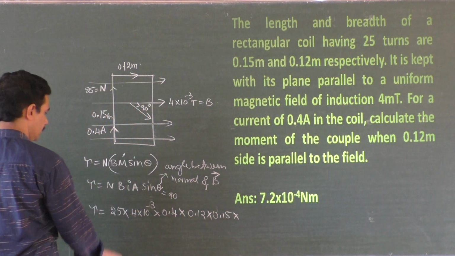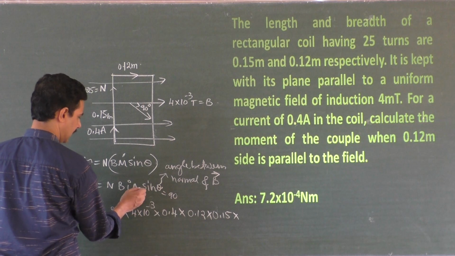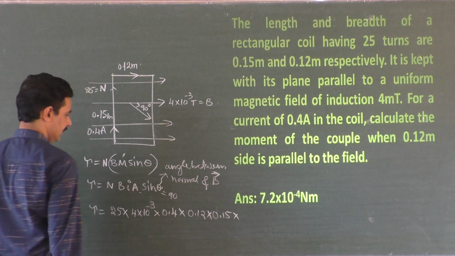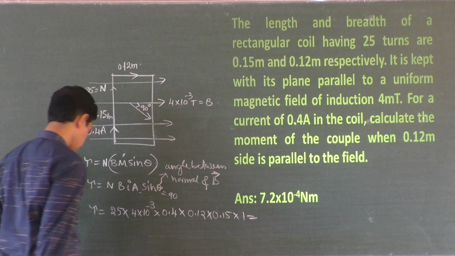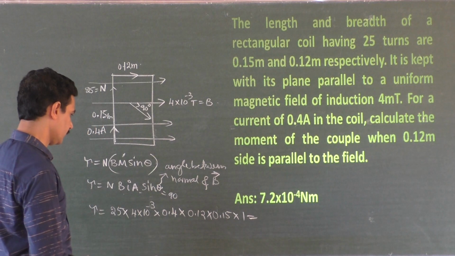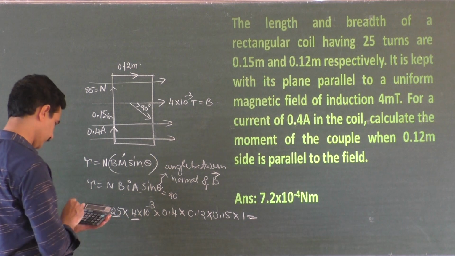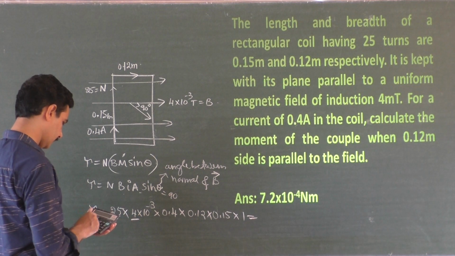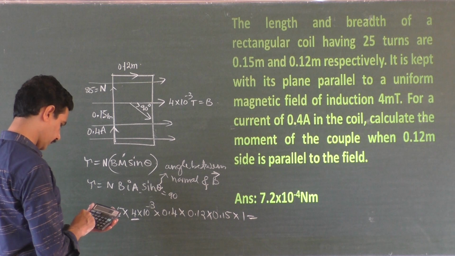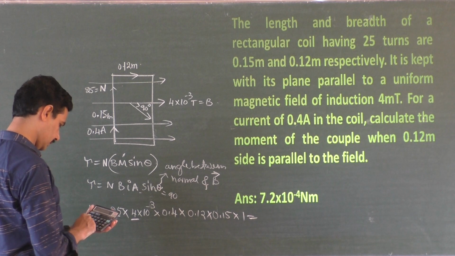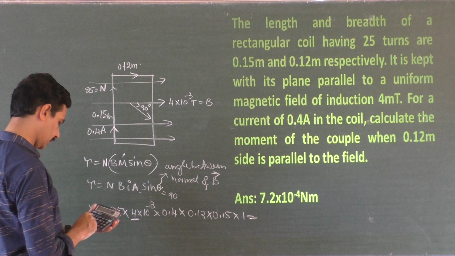So N B I A, that is equal to 25 into 4 into 0.4 into 0.12 into 0.15.